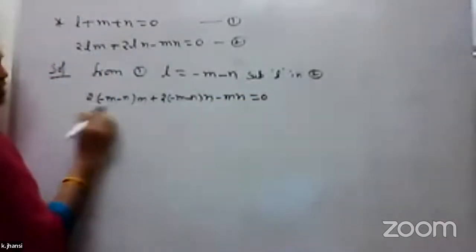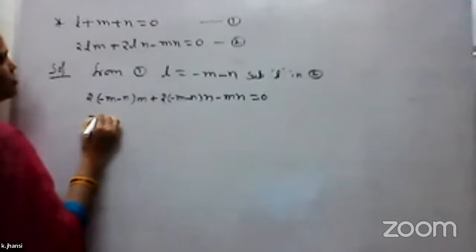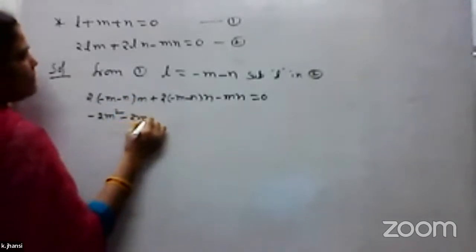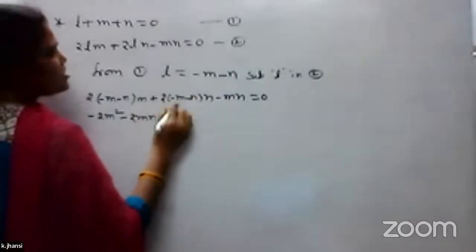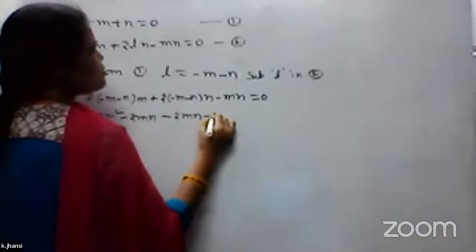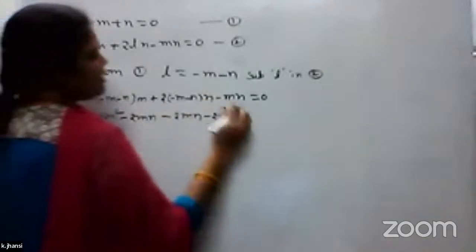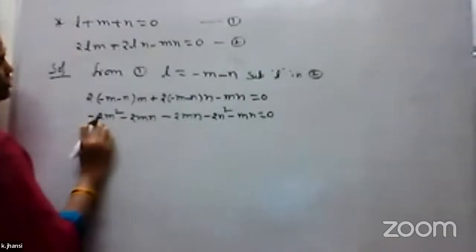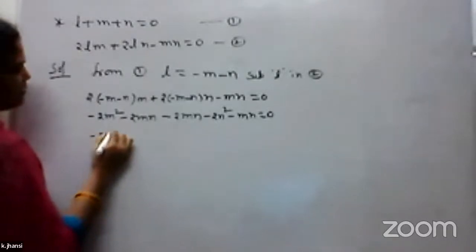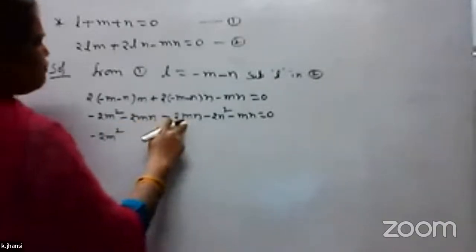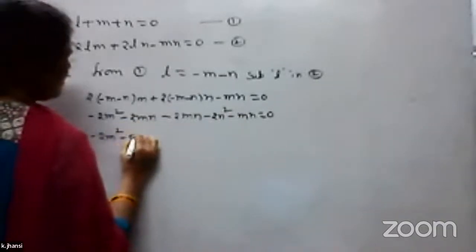Now if you simplify this, you will get minus 2M square minus 2MN minus 2MN minus 2N square minus MN equals 0. Okay. So minus 2M square, minus 5MN.